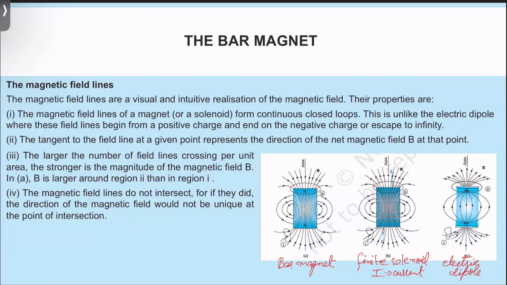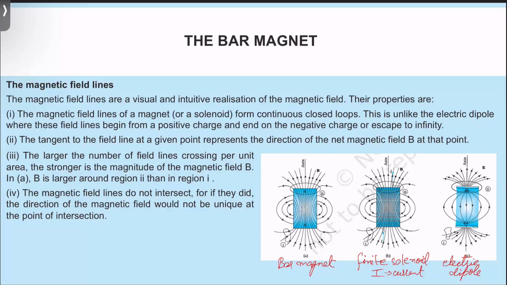Remember we had seen that if you hold a paper with finely spread iron filings and bring a magnet towards it, they will arrange themselves in concentric circles, and those circles give you an idea about how the magnetic field lines appear and flow. So the magnetic field lines are visual and intuitive.